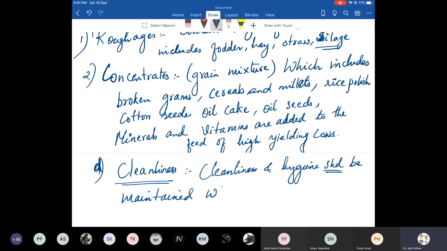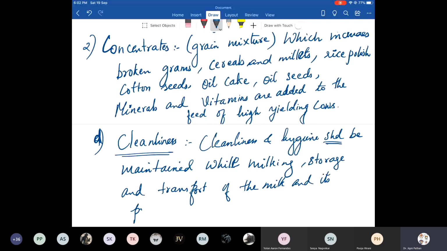Milking, then the storage and transport of the milk and its products. Write down this. Do let me know once you are done with this. Then we will talk ahead.